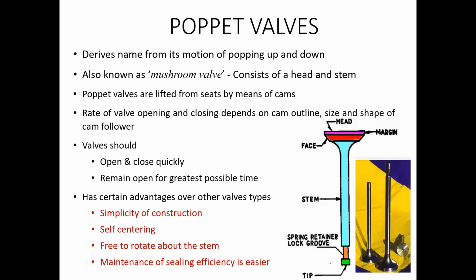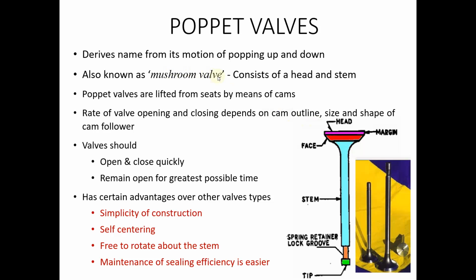Now, why is it called a poppet valve? This is the poppet valve, the valves that are usually noticed in IC engines. You might have seen the shape of the poppet valve while doing the experiment. It is also known as the mushroom valve because of its shape.